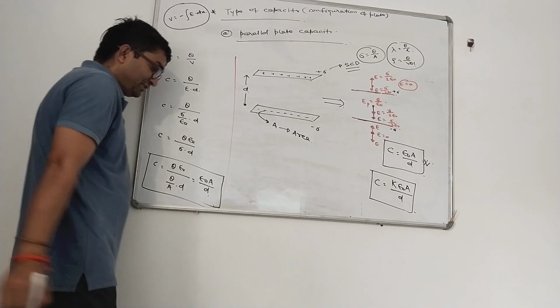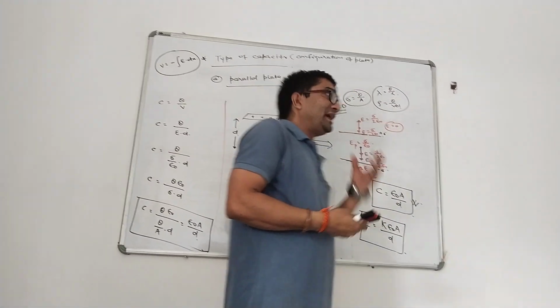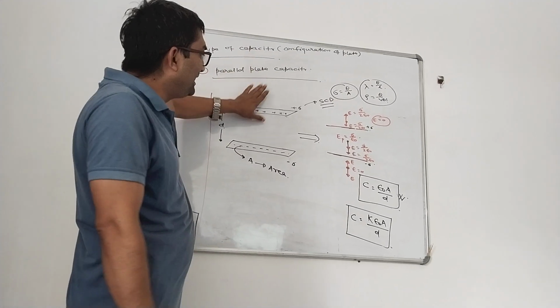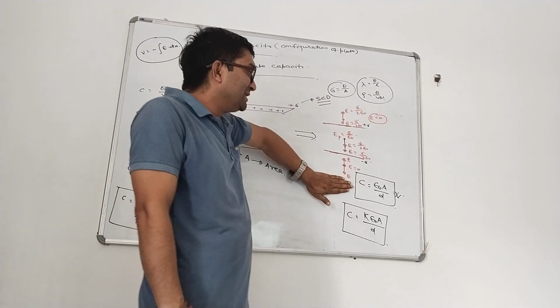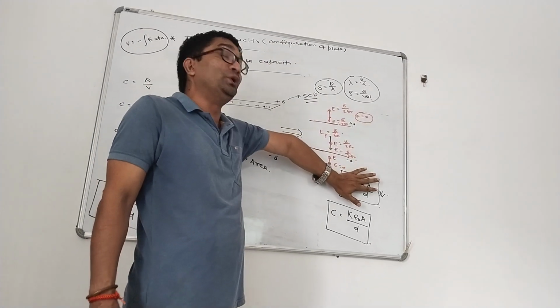So if I write the type of capacitor, at that time I will write their capacity, which depends upon the configuration, I mean shape or size.